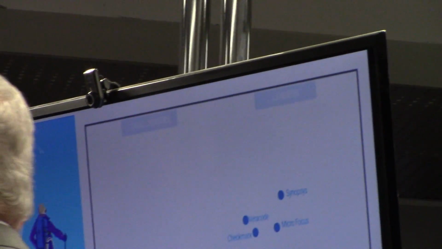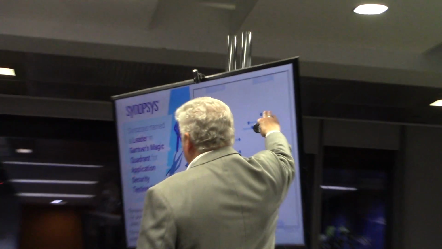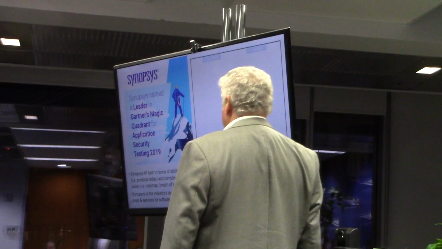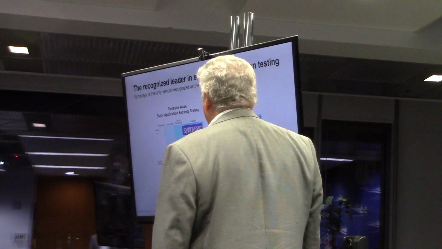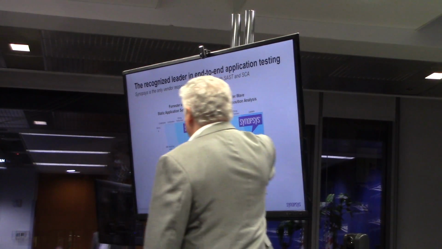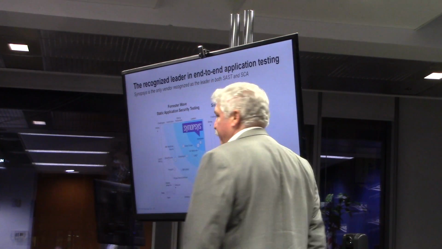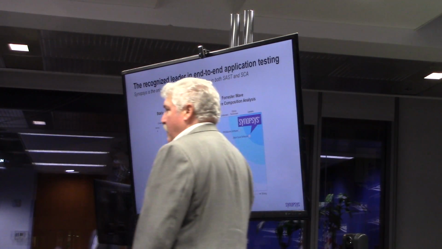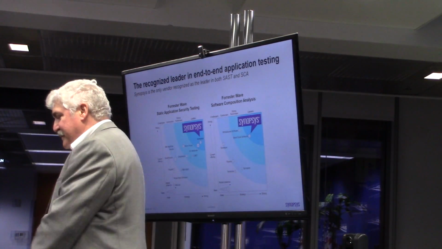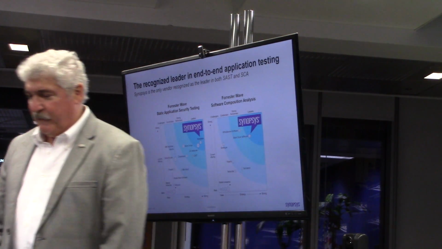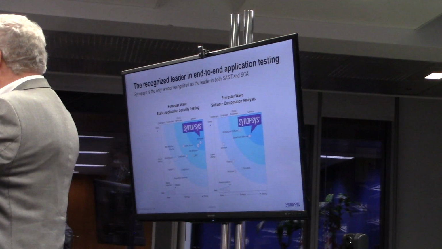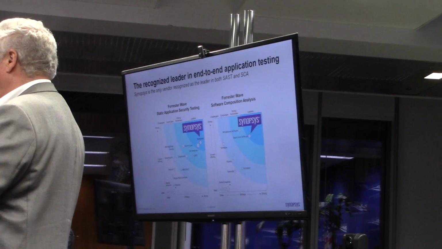We're proud of the fact that Gartner has put us in the leader quadrant in the Magic Quadrant for application security testing this year. And Forrester has done that both for our static analysis tools as well as our software composition analysis. One of the major reasons I chose to join this company is because I saw them acquiring all these other companies that had the best of breed tools.